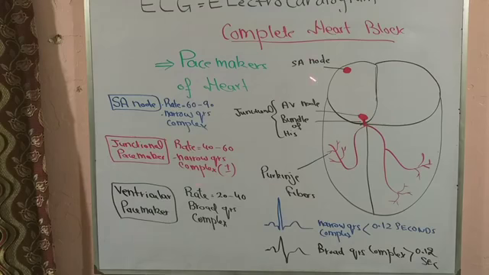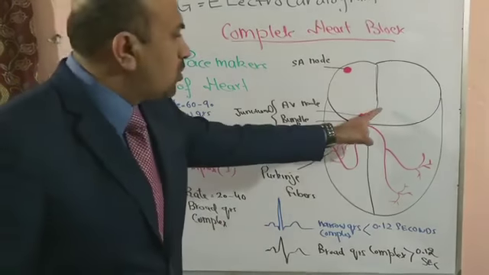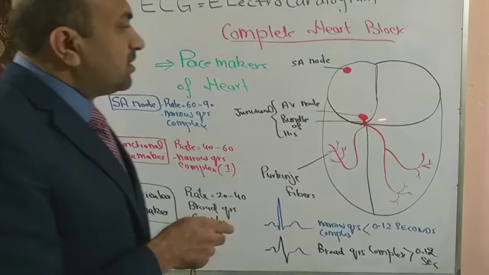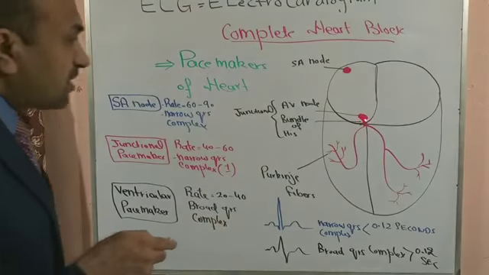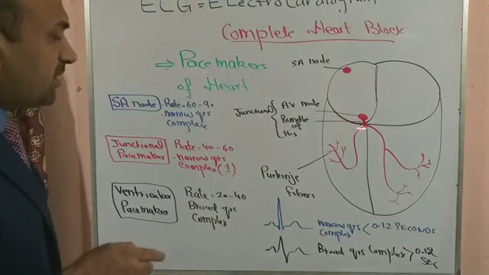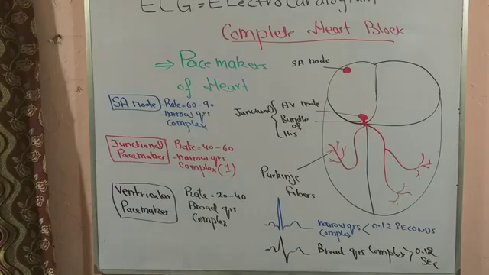The other two of the 3 remain dormant as long as there is no blockage over here. When there is a complete blockage at the level of the AV node, then these dormant pacemakers will rise up to save the life of the person and to save the myocardium.